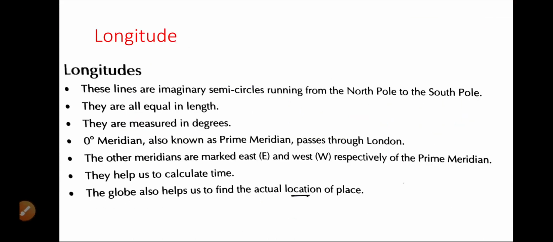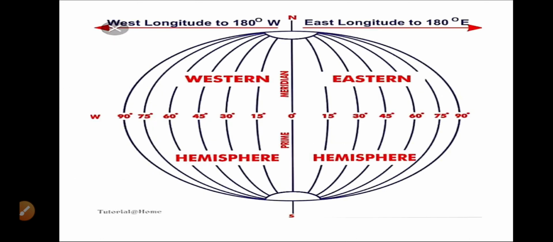It's very important. They are imaginary lines which are drawn to reveal the actual position, the actual location of a place, as well as to calculate time. They are measured in degrees. They are of equal length. The 0 degree meridian is known as the prime meridian, which passes through London.